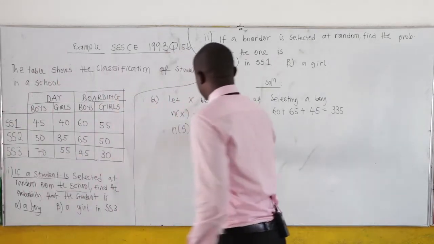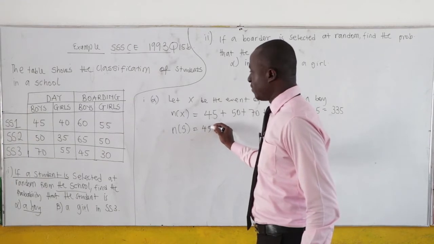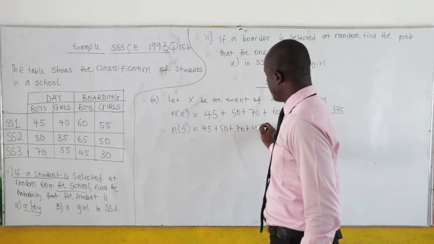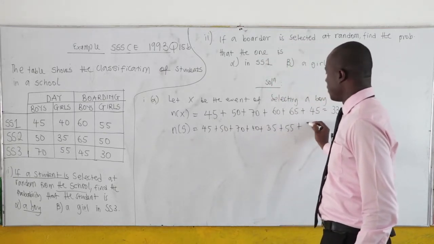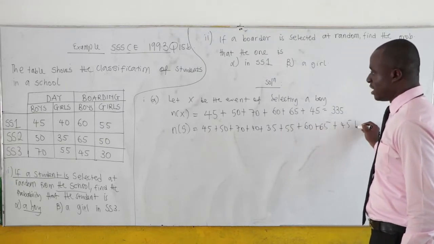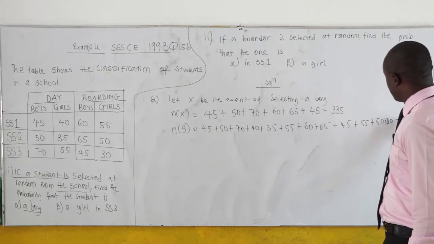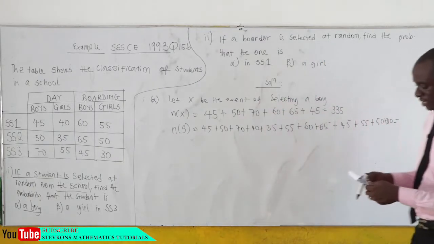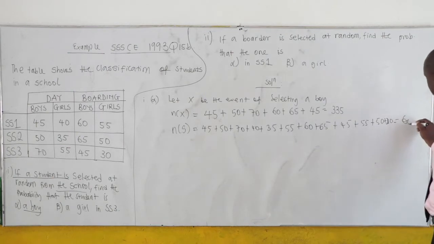So here we have 45 plus 50 plus 70 plus 40 plus 35 plus 55 plus 60 plus 65 plus 45 plus 55 plus 50 plus 30. That is the addition of everybody in the school. That is our sample space. Now, when we add all this, we have 600.